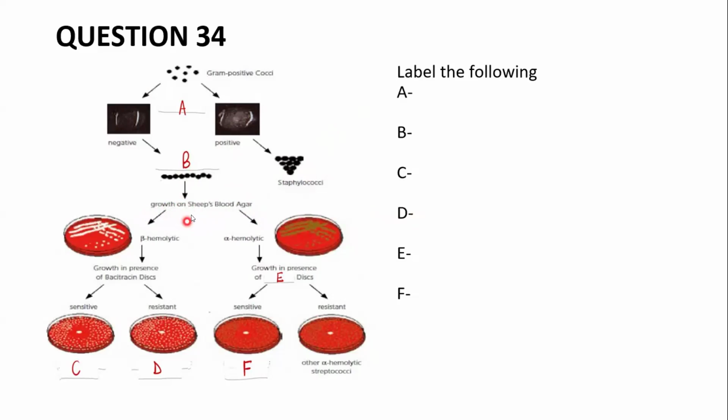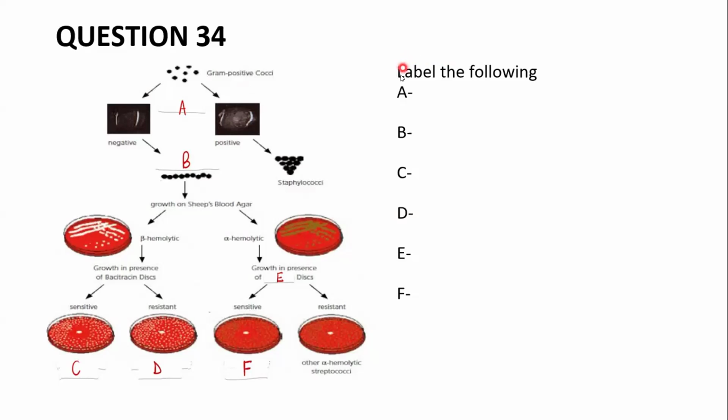For beta hemolysis, there's a mnemonic I usually use. Let me write it down. So take note of this. We have BB RAS. What does that mean?